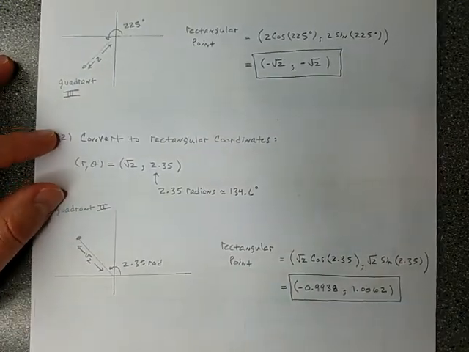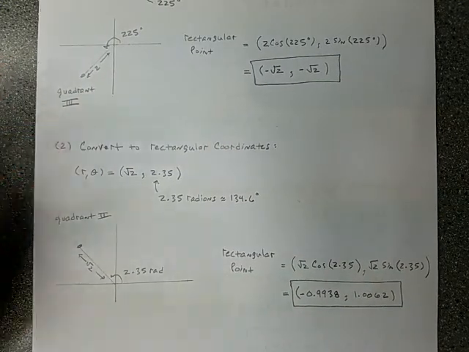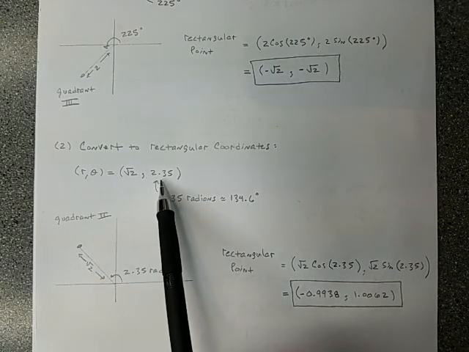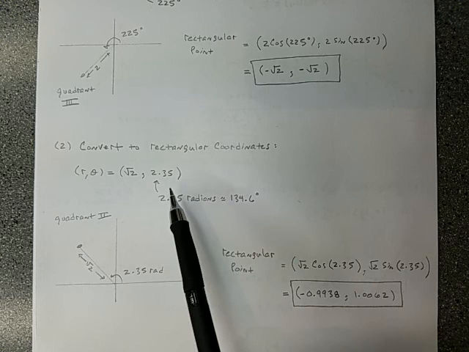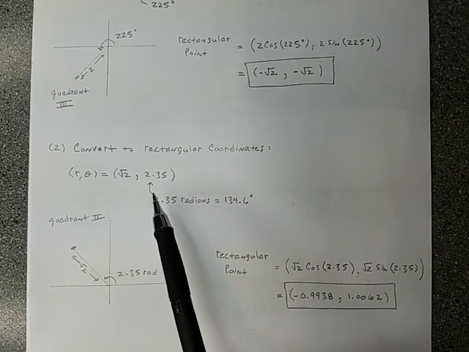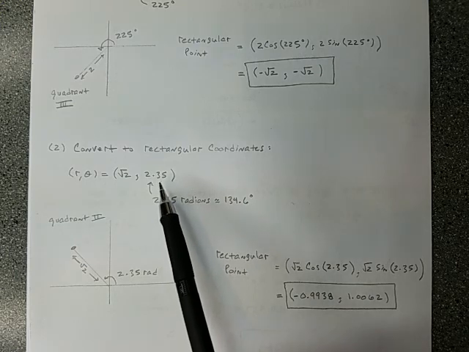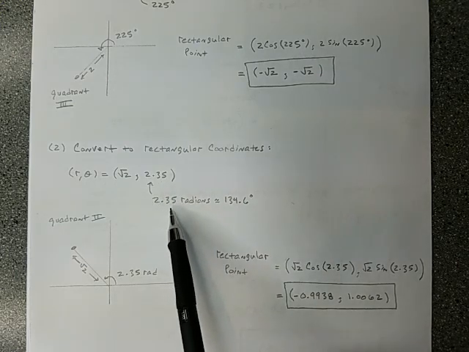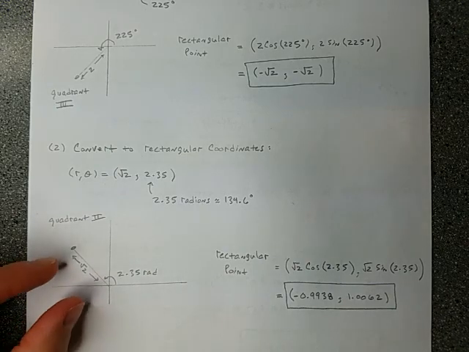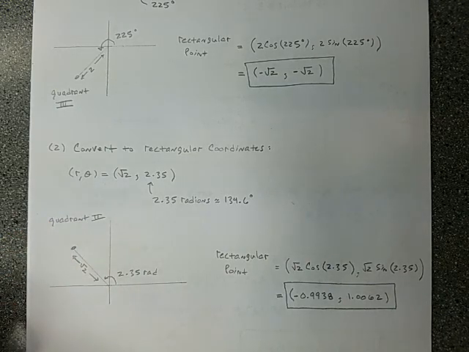Let's look at another one, converting to rectangular coordinates. So this polar coordinate was given as root 2 for r and 2.35 for theta, and that's not 2.35 degrees. It is an angle, but I'd have to see that as a radian angle. 2.35 radians is about 134.6 degrees. That would mean this point is over here in quadrant 2.